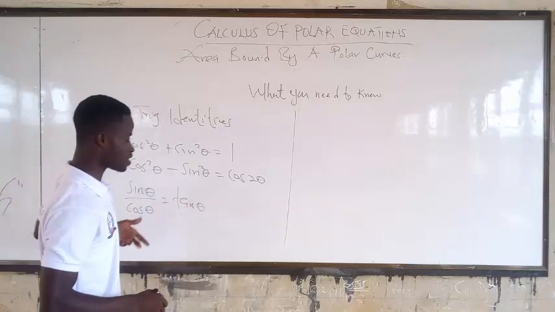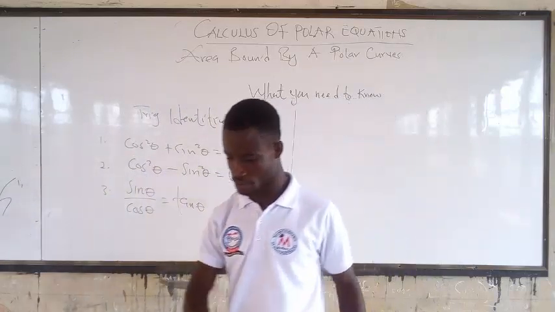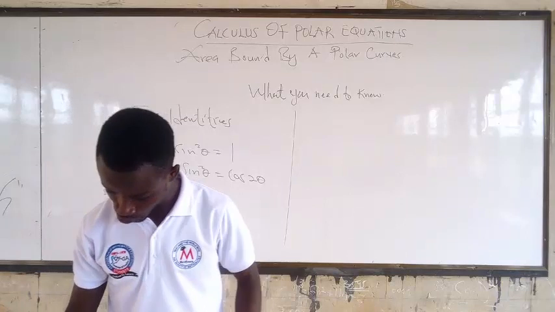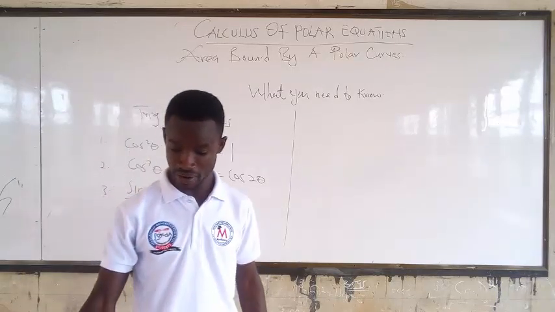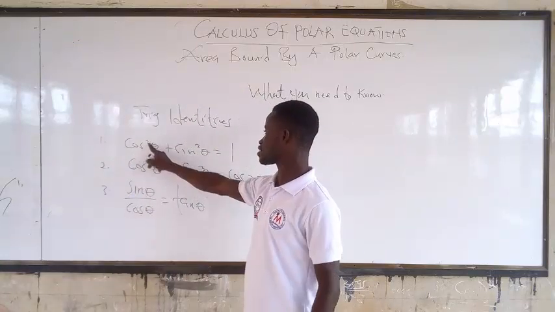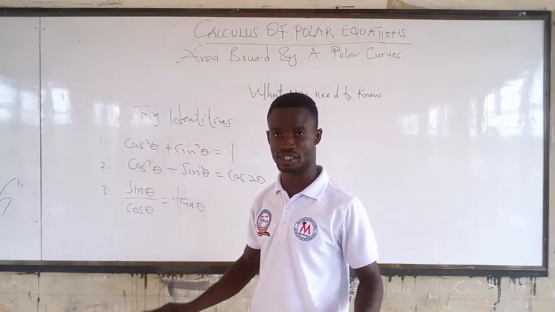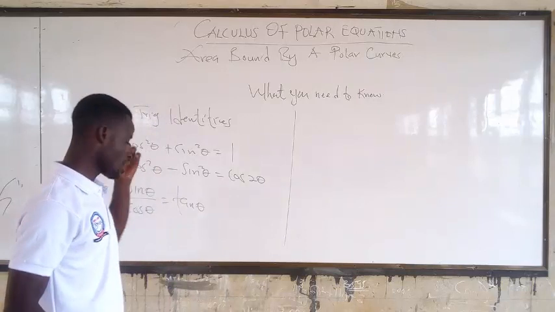And the reciprocal of it is cot theta. Alright, so you need to know that. It's very necessary. But don't forget that here is squaring. If it's not squaring, leave it.